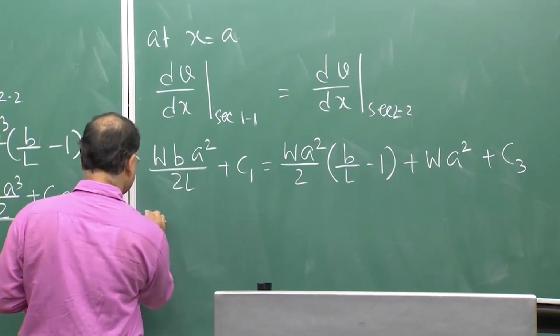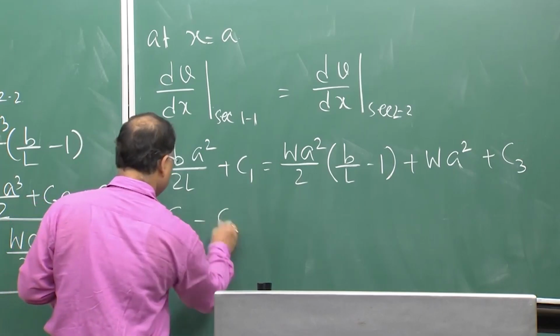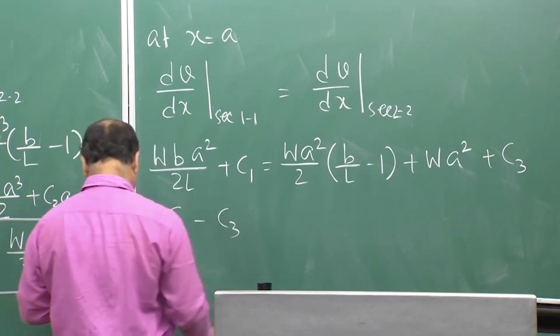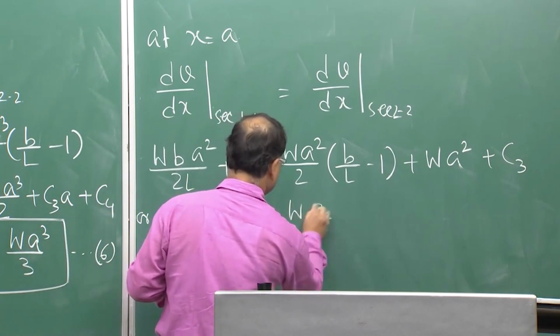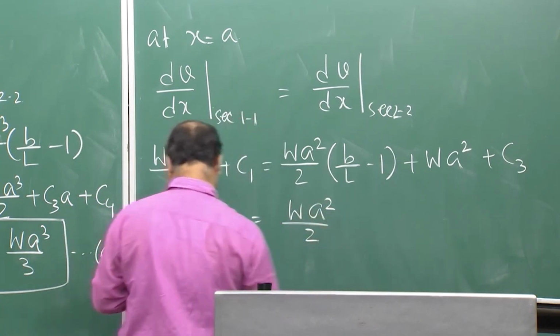By simplifying this, I will get C1 minus C3 equal to W a square by 2.